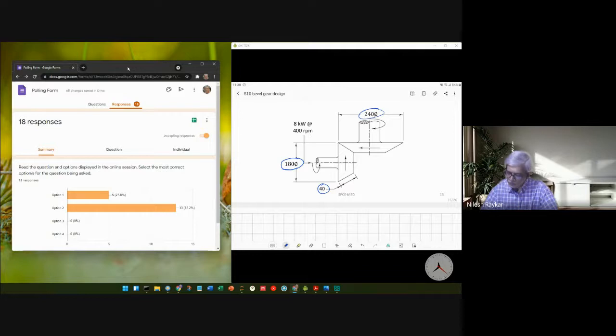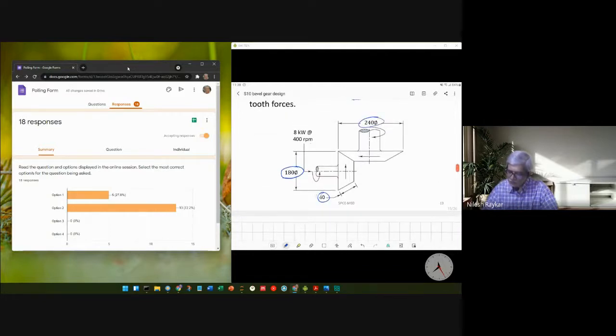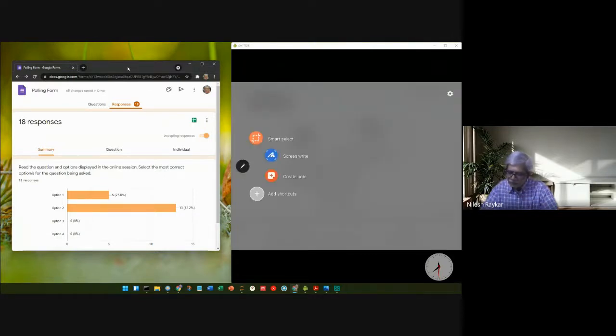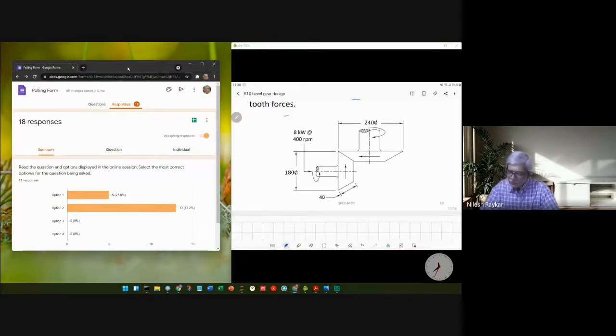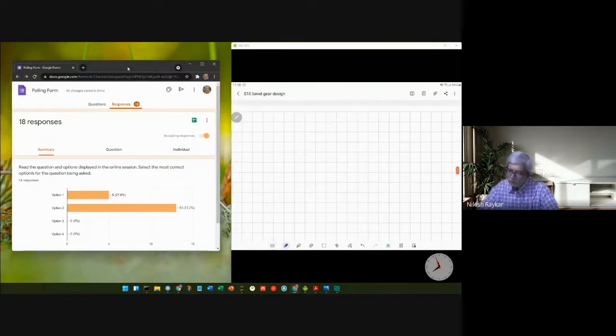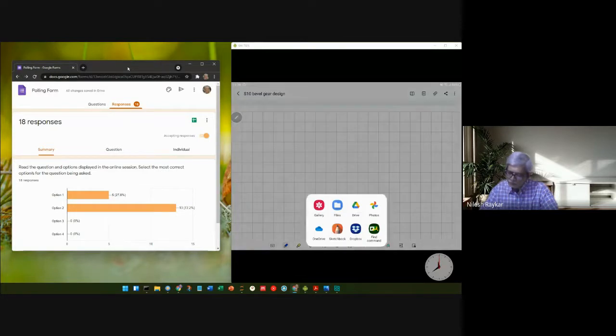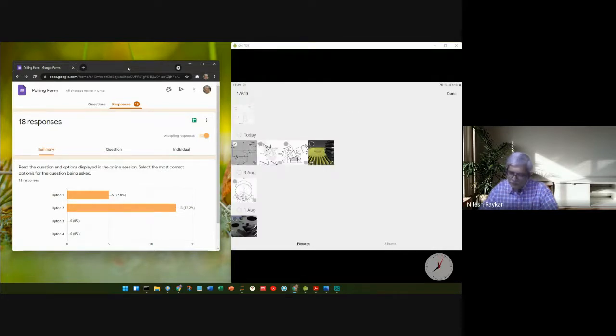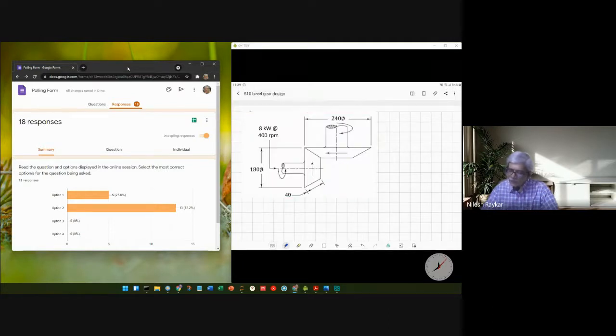Let me copy this figure so that while solving we have a reference.